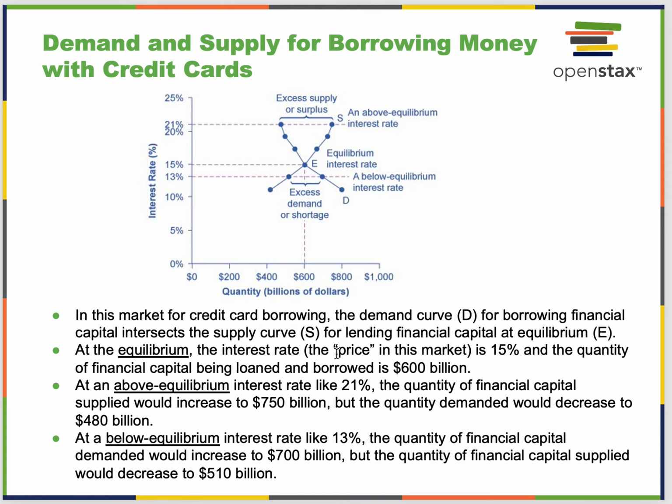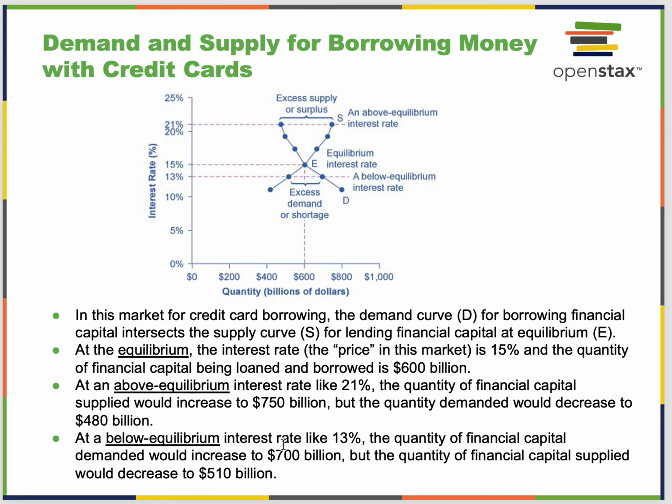So what would happen? At equilibrium, the interest rate, the price in this market, is 15%, and the quantity of financial capital being loaned is $600 billion. Above equilibrium, the interest rate is 21%. The quantity of financial capital supplied would be $750 billion, but the quantity demanded would decrease to $480 billion. So we'll have an excess of money available.